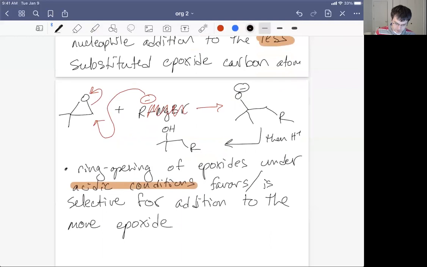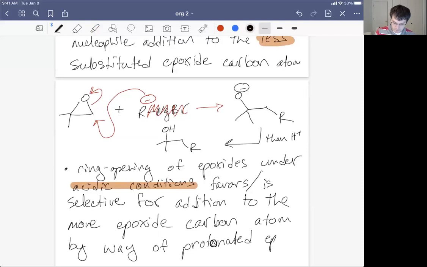And I should clarify that we want to do this by way of a protonated epoxide intermediate. So this is me just reminding us that the protonated epoxide is involved here.